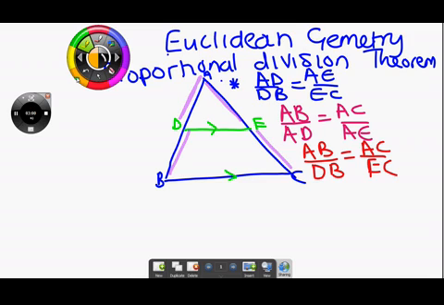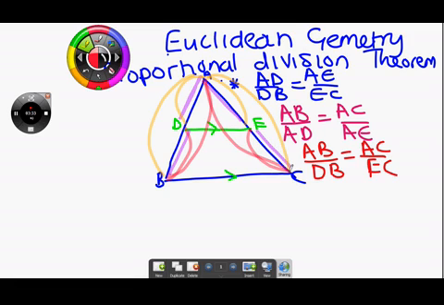We can say the long one over the top short one is equal to the top long one over the top short one. And lastly, the long one again over the bottom short one, and the long one on this side over the bottom short one. That's how you look at the proportional division theorem.